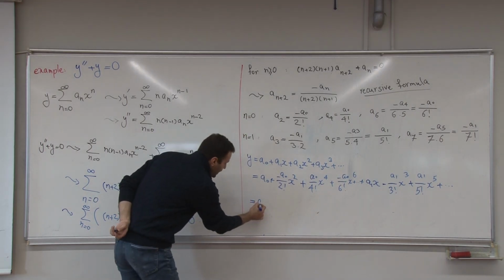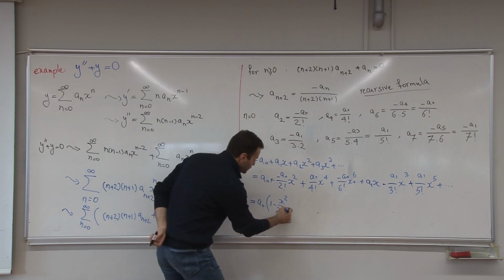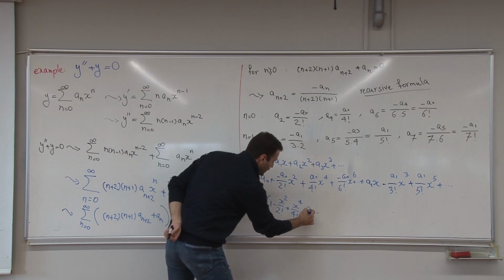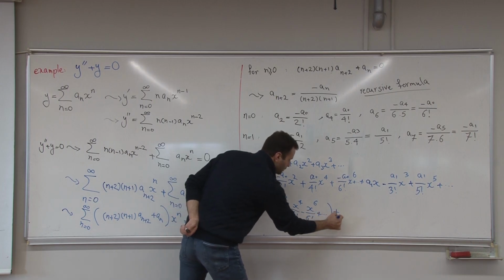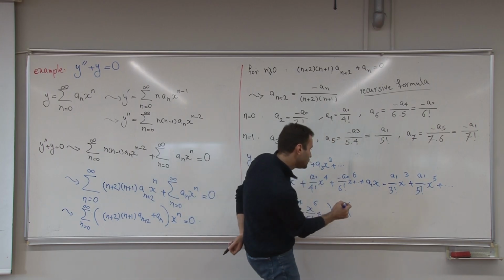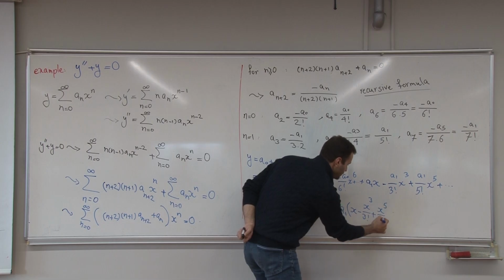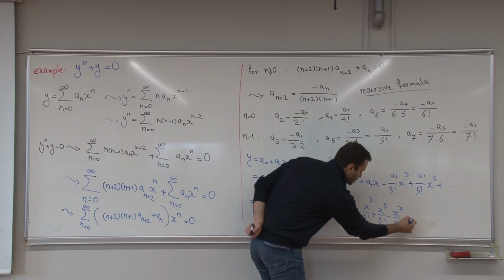Can I write this now as a0 times 1 minus x^2 over 2 factorial plus x^4 over 4 factorial minus x^6 over 6 factorial, plus a1 times what? x minus x^3 over 3 factorial plus x^5 over 5 factorial minus x^7 over 7 factorial and the rest.